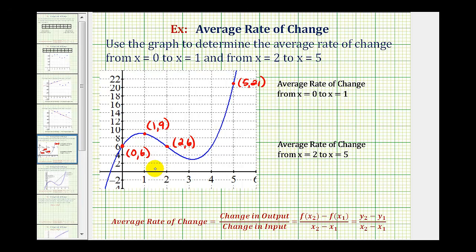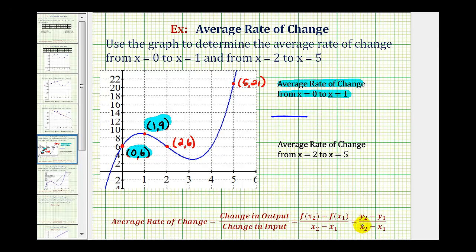Now that we have the coordinates, we have our inputs and outputs. The inputs are the x coordinates, and the outputs or function values are the y coordinates. Determining the average rate of change is actually the same as determining the slope between 2 points. So to find the average rate of change from x equals 0 to x equals 1, we'll use this point and this point.